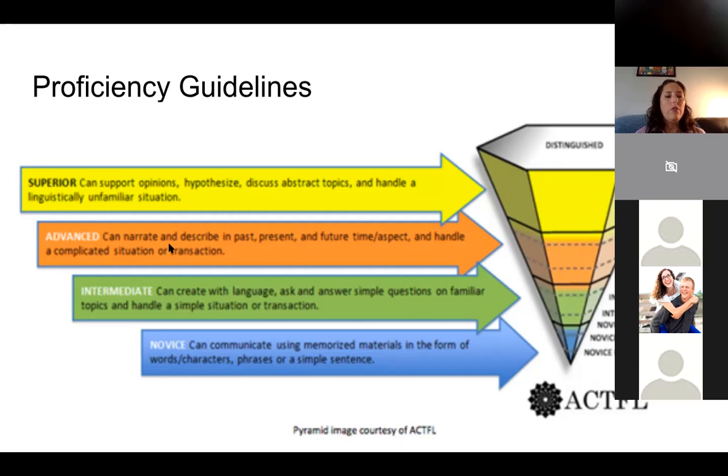Students are not expected to narrate and describe in the past, present, and future until they're advanced, and that is a lot of language if you look at the cone required to get to that level. So basically what our comprehensible input needs to do is bring those structures, past, present, and future, down, so that kids are exposed to them.